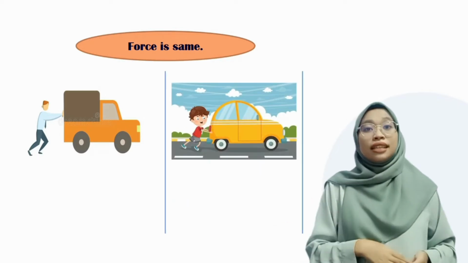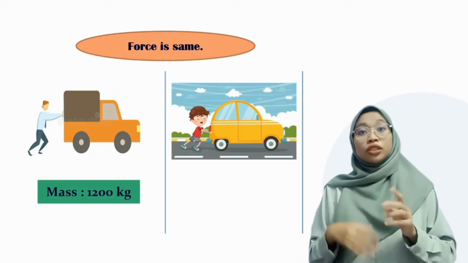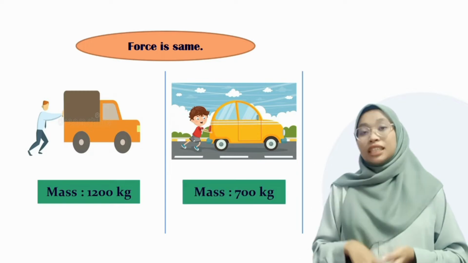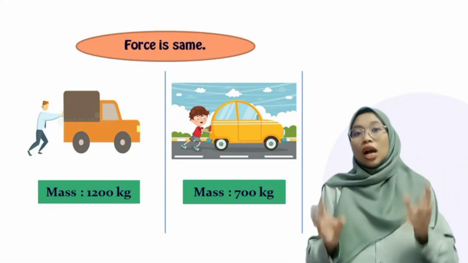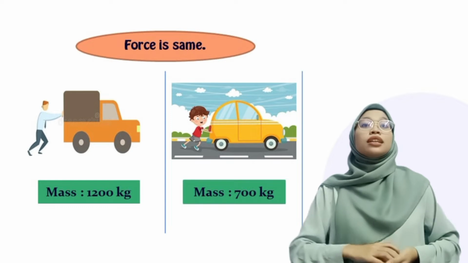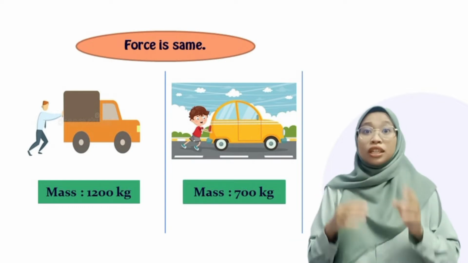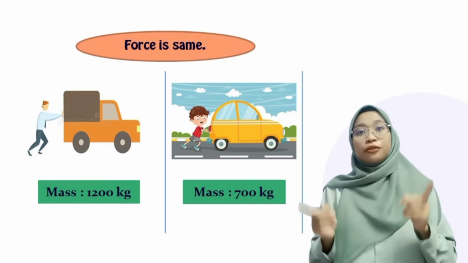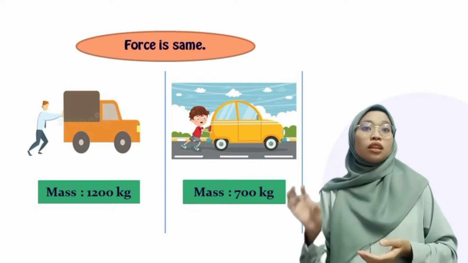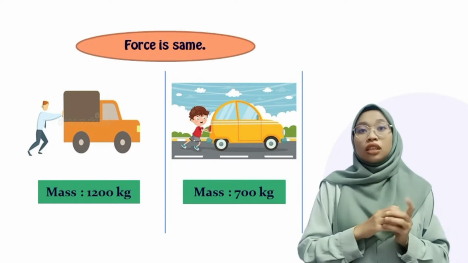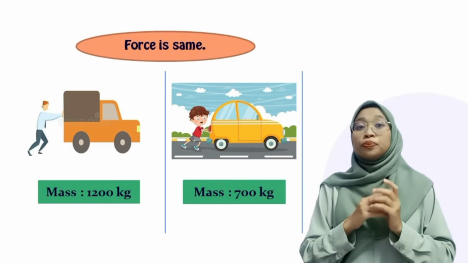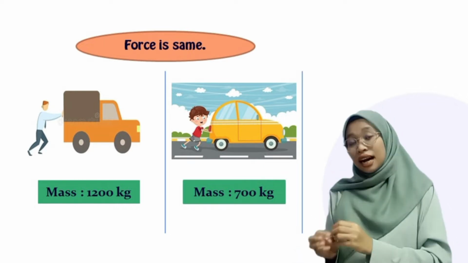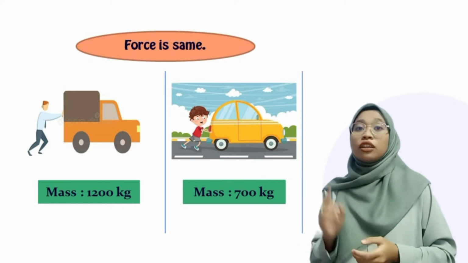We can see two men pushing an object. The first man is pushing a lorry, while the other one is pushing a car. The masses of the lorry and the car are different: the lorry is 1,200 kilograms and the car is 700 kilograms.